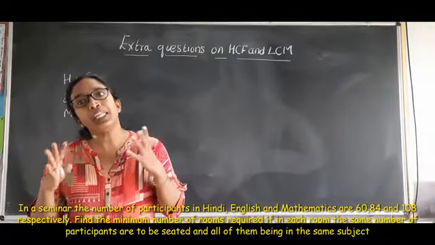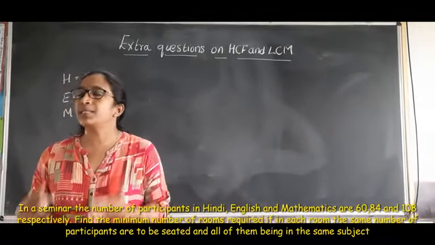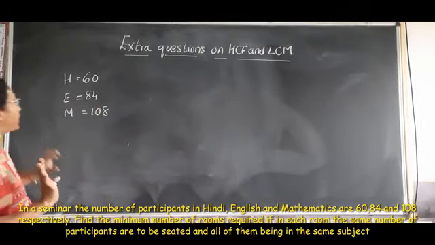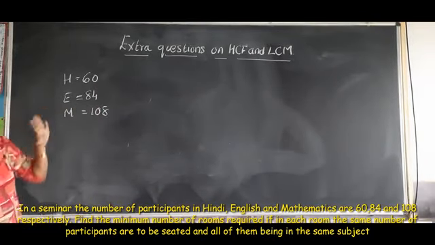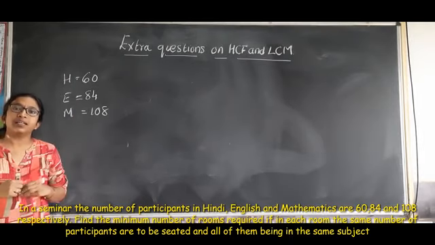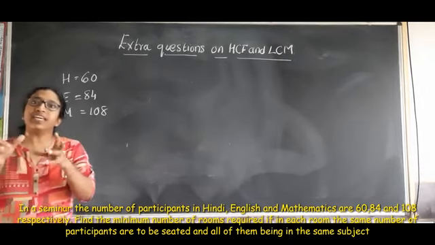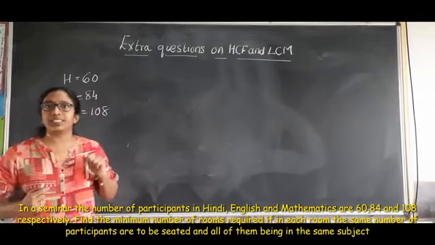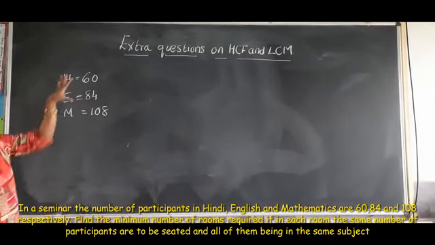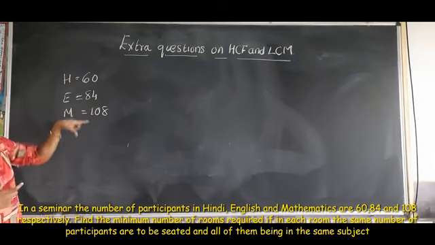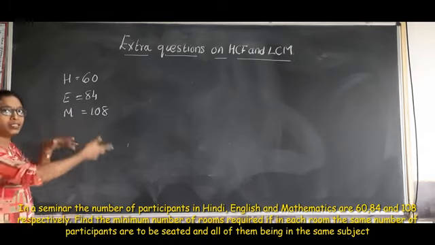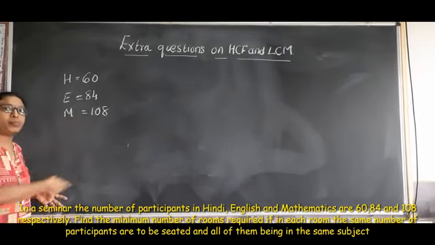To find the minimum number of rooms, the maximum number of participants should be seated in each room. Just imagine that we take the LCM. Keywords like minimum may tempt you to take LCM, but if you take LCM, you will get a number bigger than these. Will that be suitable for the minimum number of rooms?